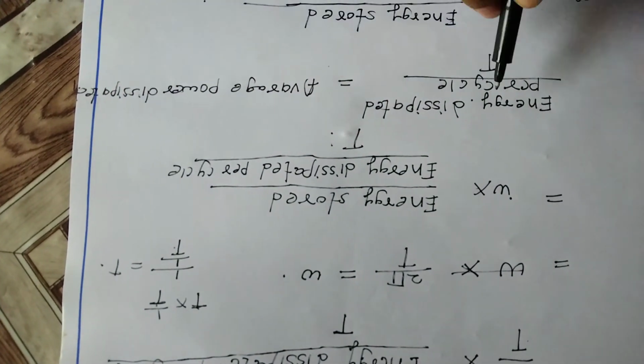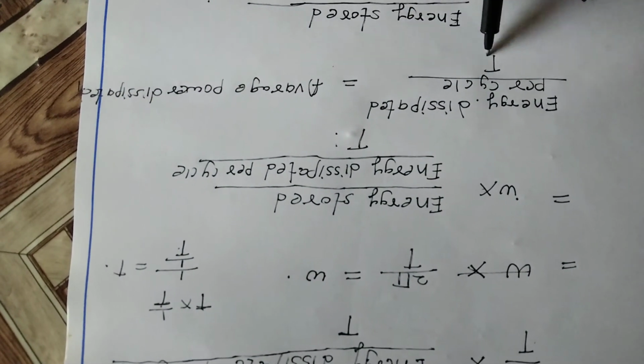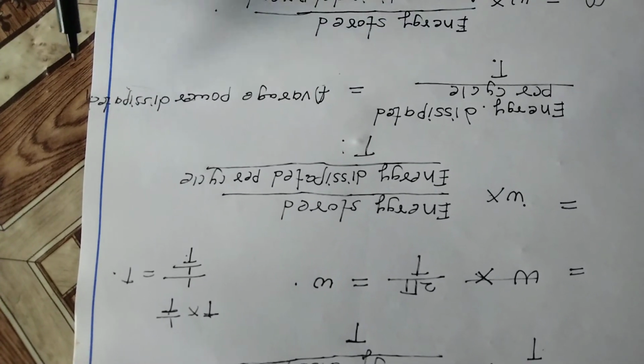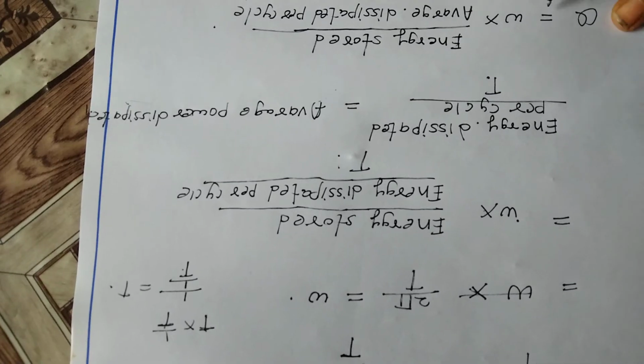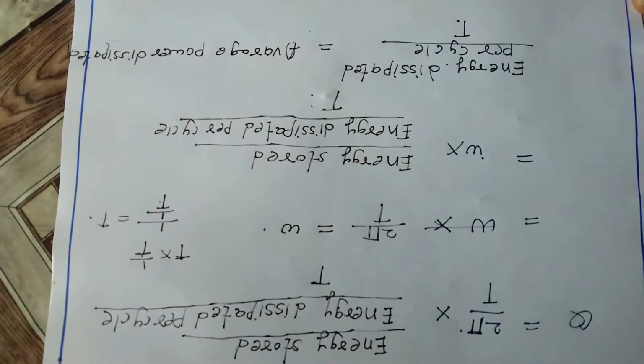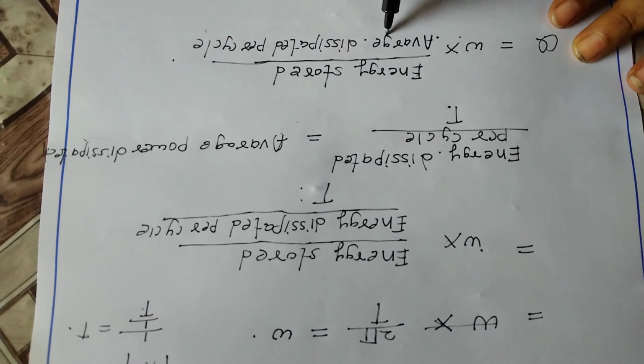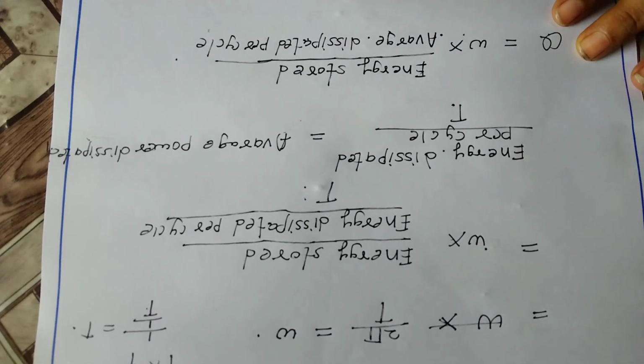Energy dissipated per cycle divided by T is equal to the average power dissipated. So Q is equal to omega into energy stored divided by average power dissipated.